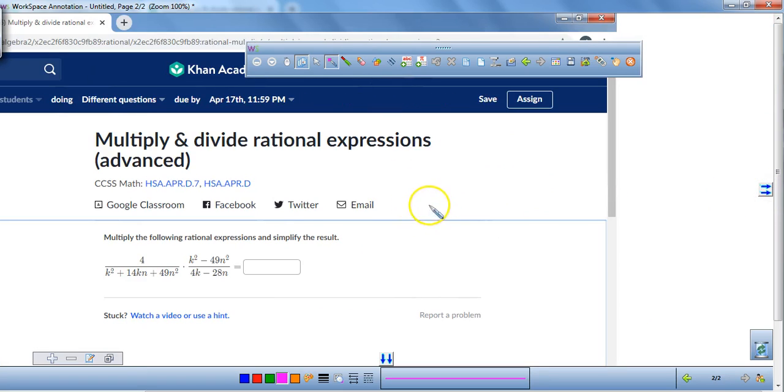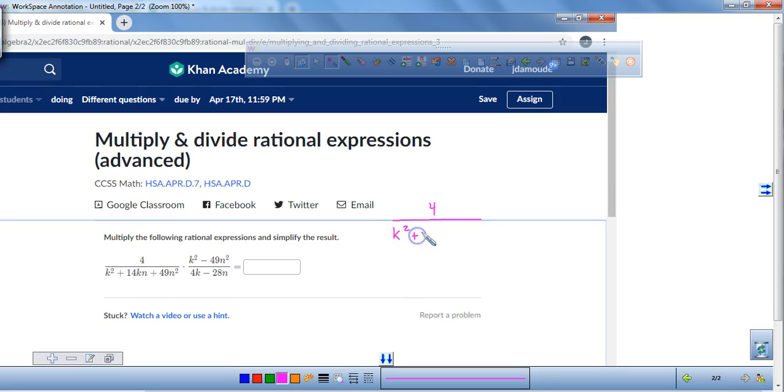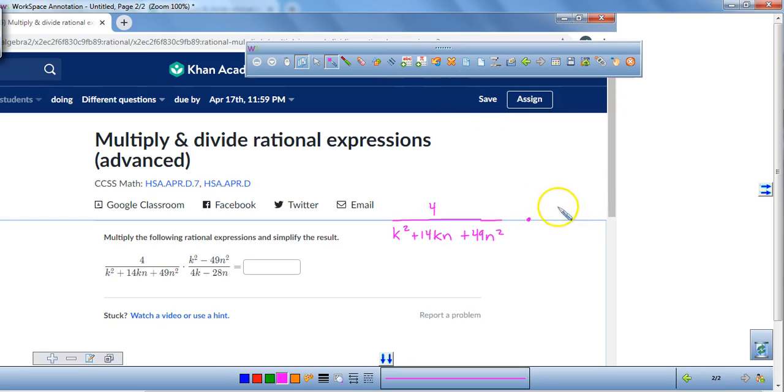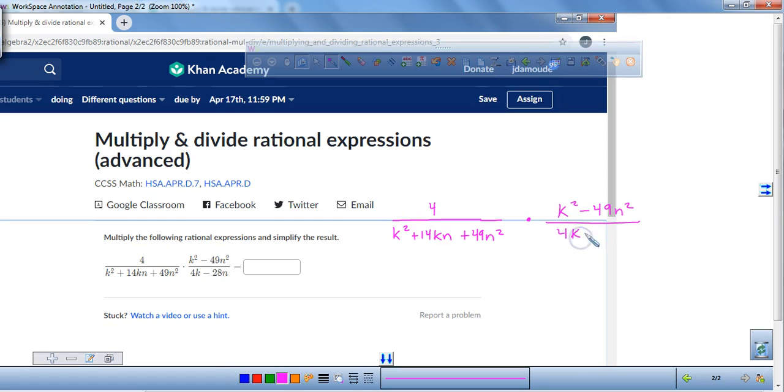I'm going to put 4 over k squared plus 14kn plus 49n squared, and that is being multiplied by a difference of squares, known as k squared minus 49n squared, all over 4k minus 28n.